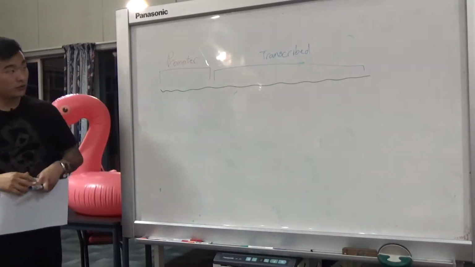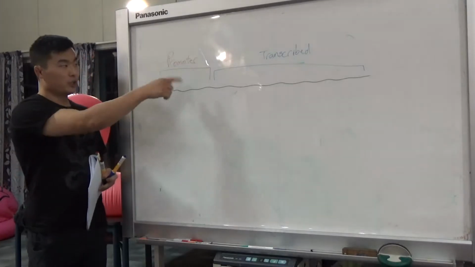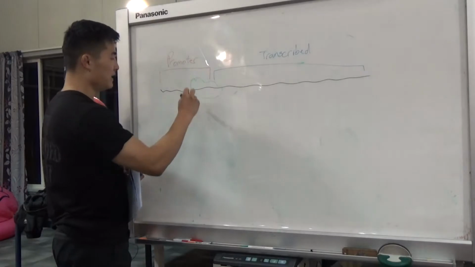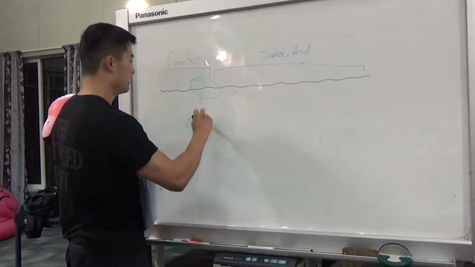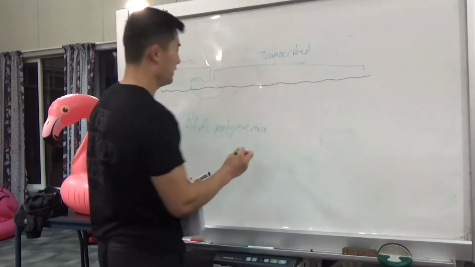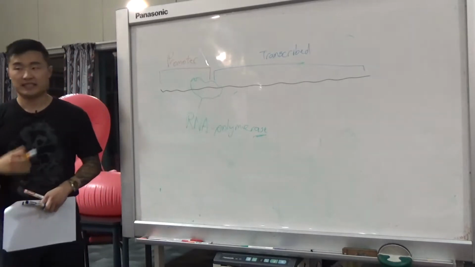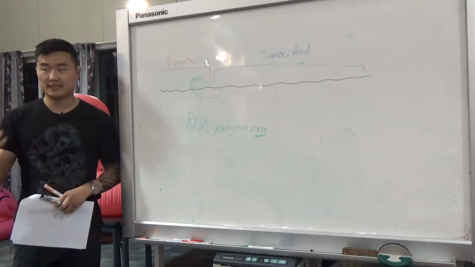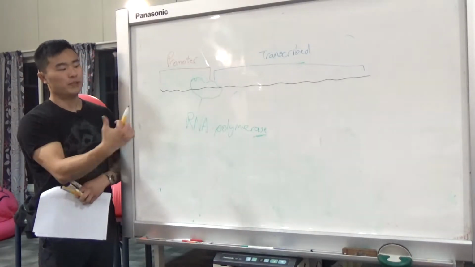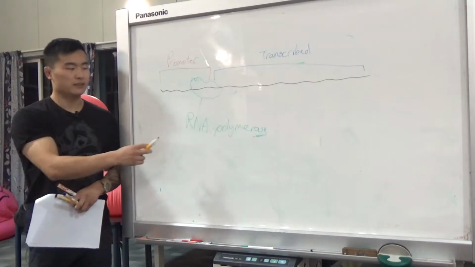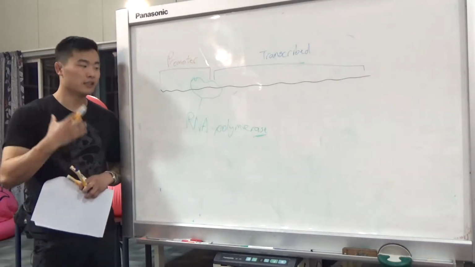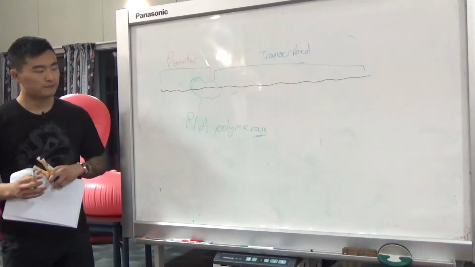This promoter region is where the protein RNA polymerase binds. It's got ase at the end of the name, which means it's an enzyme, and you can tell what it's doing by looking at the name. It's an enzyme that creates a polymer of RNA. A polymer is just lots of things put together.